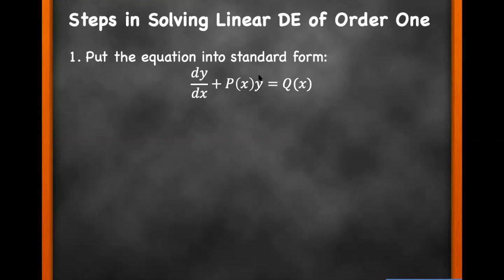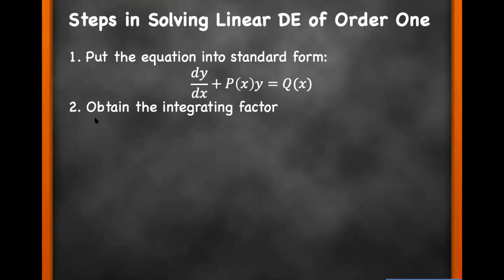Okay, so you have this dependent variable multiplied to a function of x, and equal to, on the right side of the equation, q as a function of x. Again, this is the standard form of a linear equation, wherein this is linear in variable y, or linear in y.